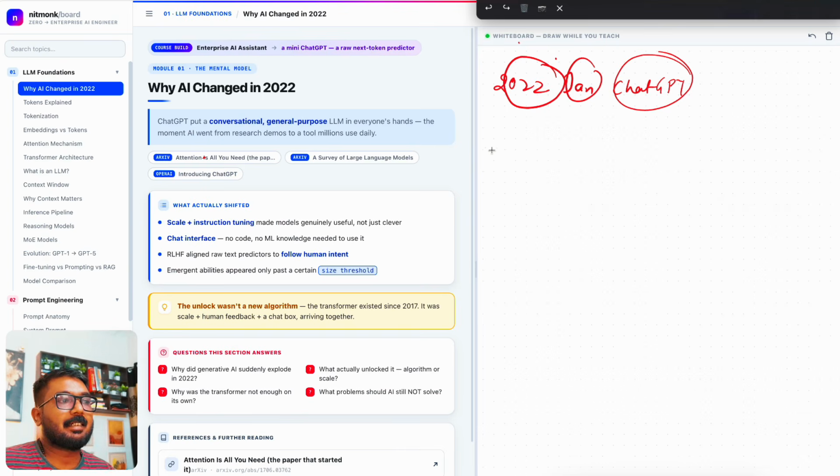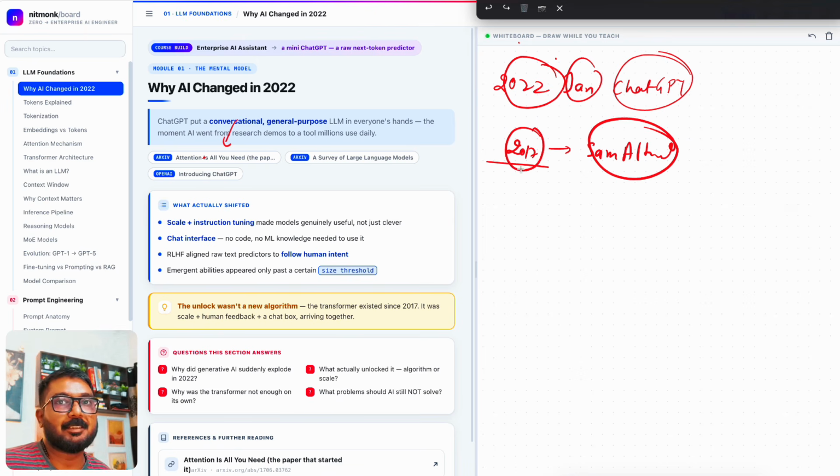So you see that attention paper, this paper we talk about, right? This changed everything, and this was published by Google in 2017. Sam Altman leveraged this paper and built ChatGPT.